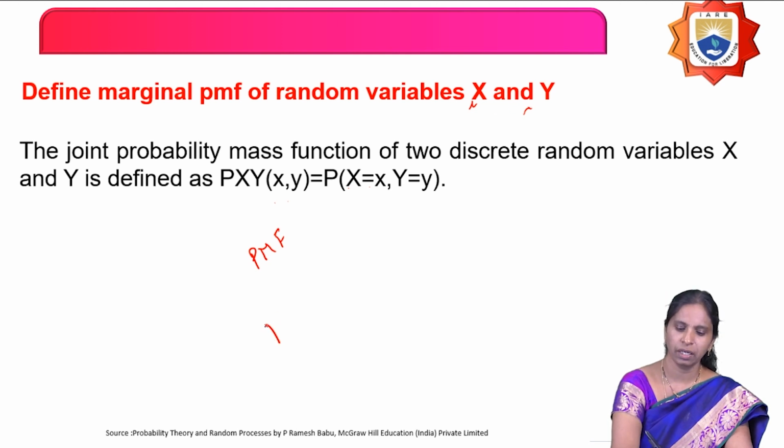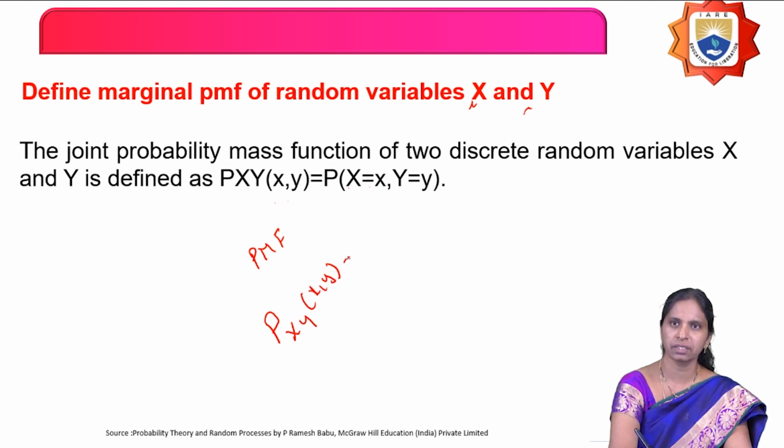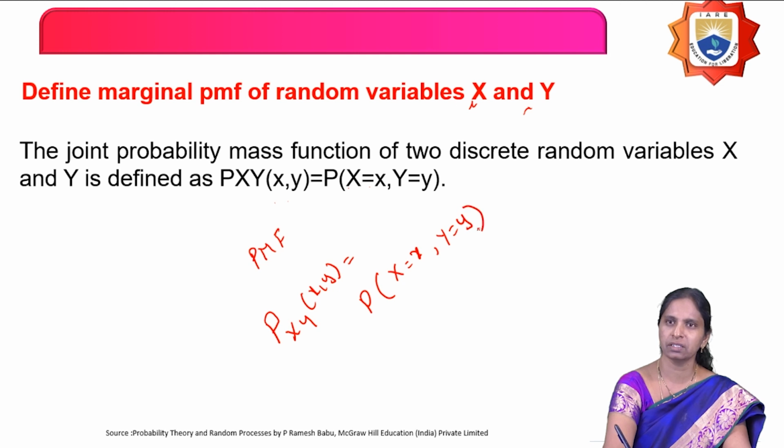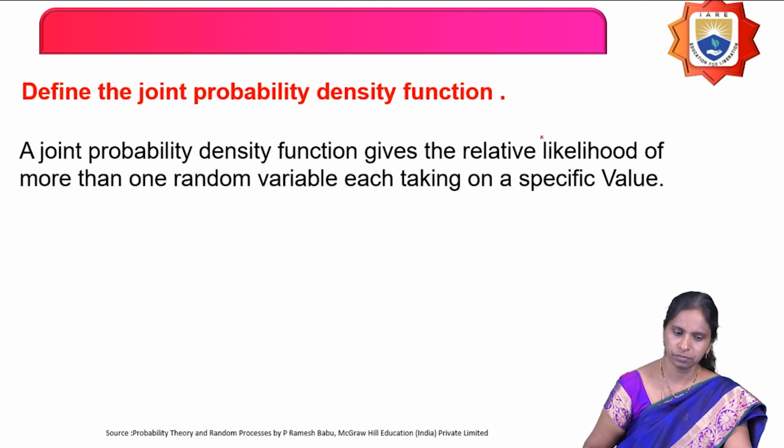Here P represents the probability and XY represents the two random variables X and Y, with the two values x, y. It is the probability of the joint event such that the random variable X takes a specific value small x and the random variable Y takes a specific value small y. So this is called the probability mass function for two discrete random variables X and Y.